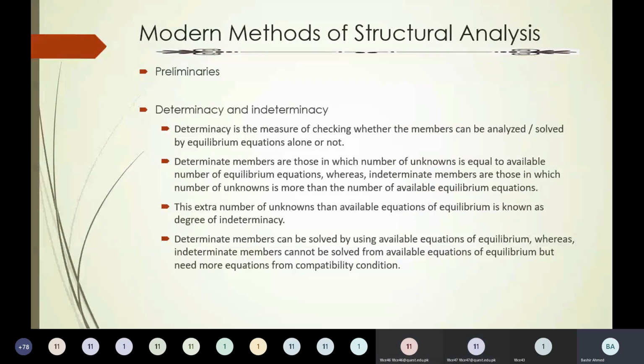Reactions are normally unknown, you are very right, buddies, with one modification only. A member is determinate when the number of reactions is less than or equal to the number of equilibrium equations.